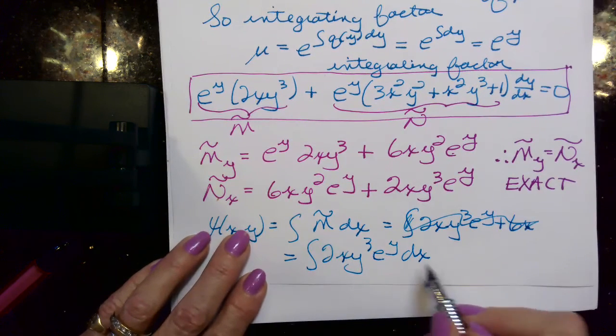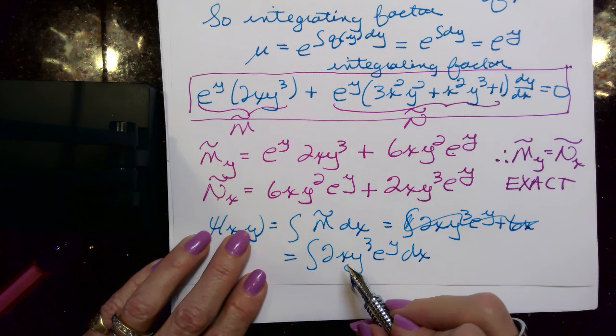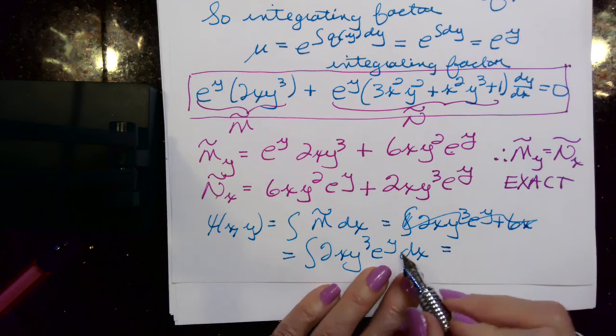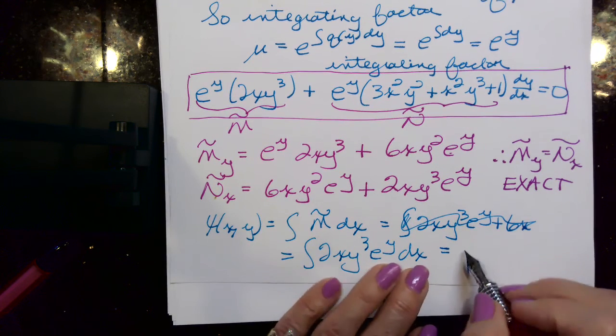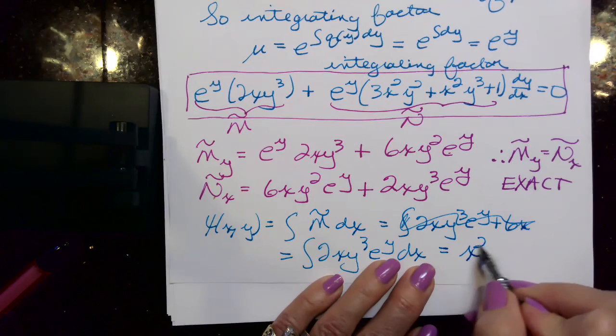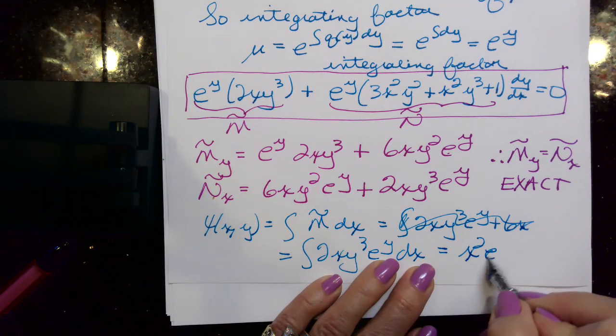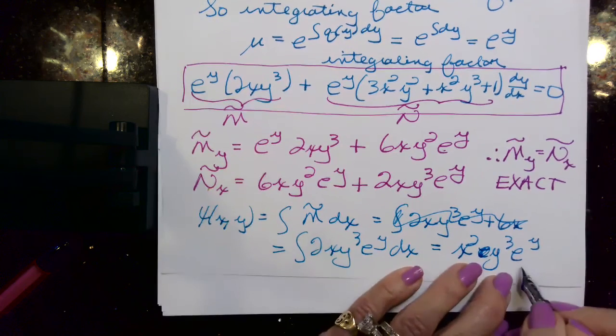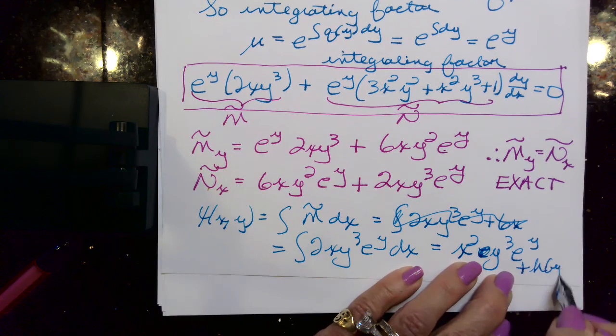When I integrate that, the only thing that involves x is the x. So I get x squared over 2, the 2's cancel, so I get x squared y cubed e to the y plus h of y.